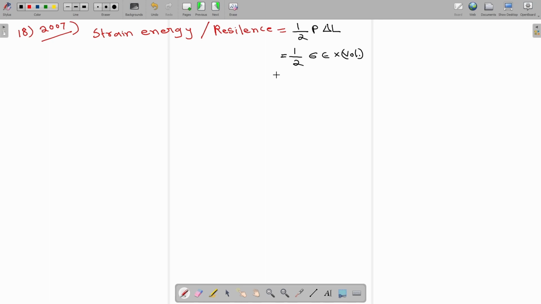Now we know that delta L is given as PL upon AE. So here we can write it as half P into PL upon AE. This is given as P square L by 2AE.